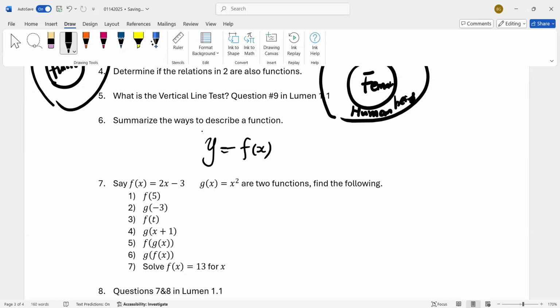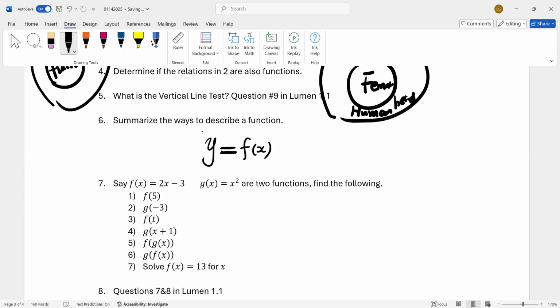Okay, this equation represents a function if x here, the husband, represents all the inputs in the domain, y here, the wife, represents all the outputs in the range. And for any given husband, there's only one corresponding wife.